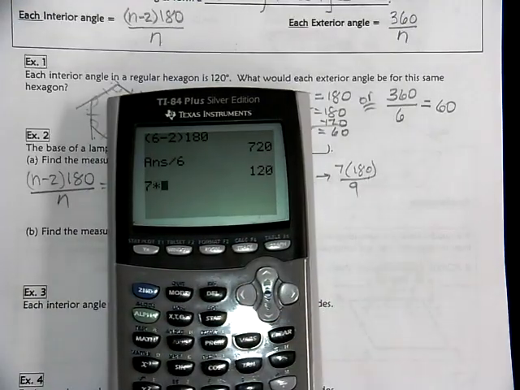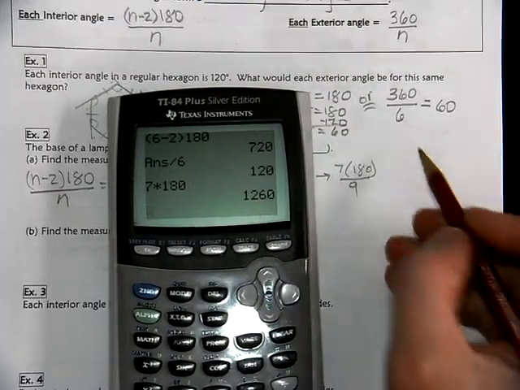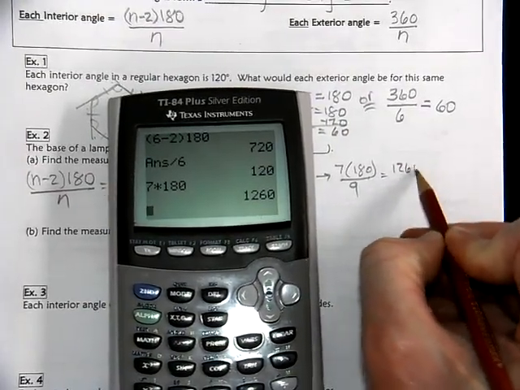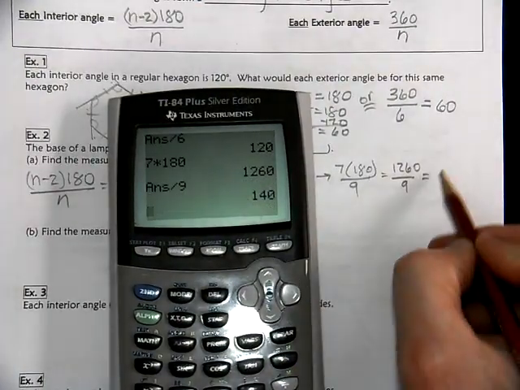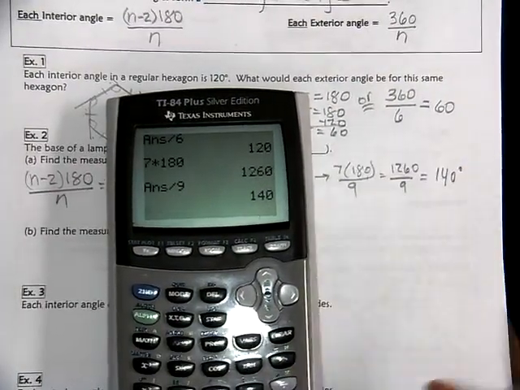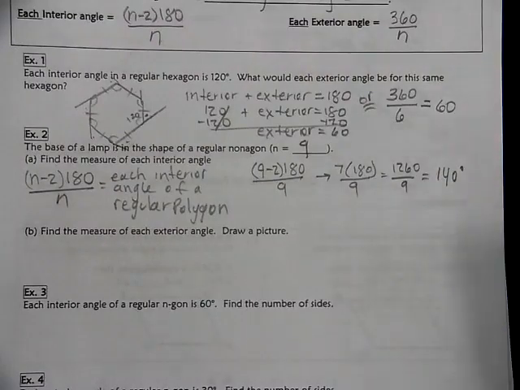We take 7 times 180. That is 1260 divided by 9. We get 140 degrees. So each interior angle would be 140.